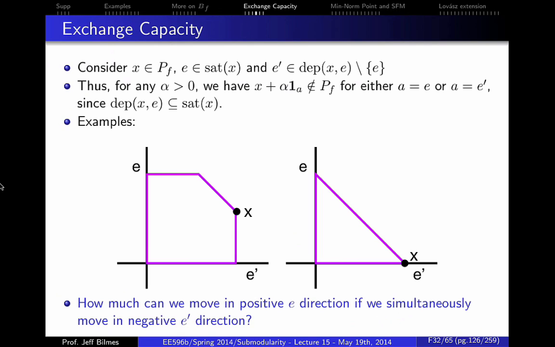This is stuff we've seen before. But the question we want to ask is, how much can we move? Like here we can move this amount, and here we can move this amount. And we want to measure how much. And that's what the exchange capacity tells us.